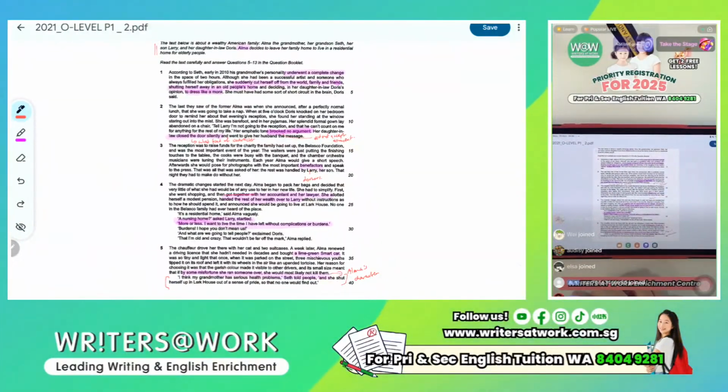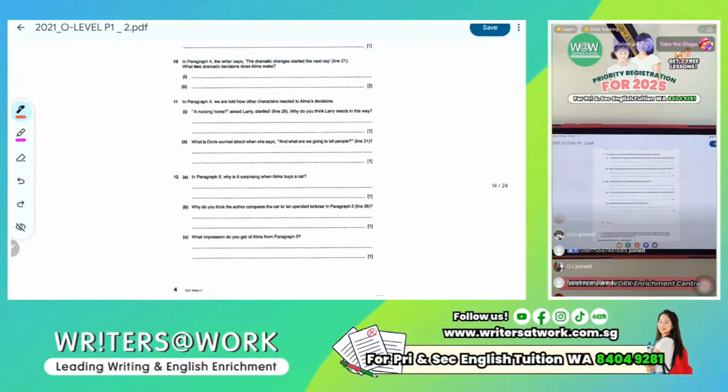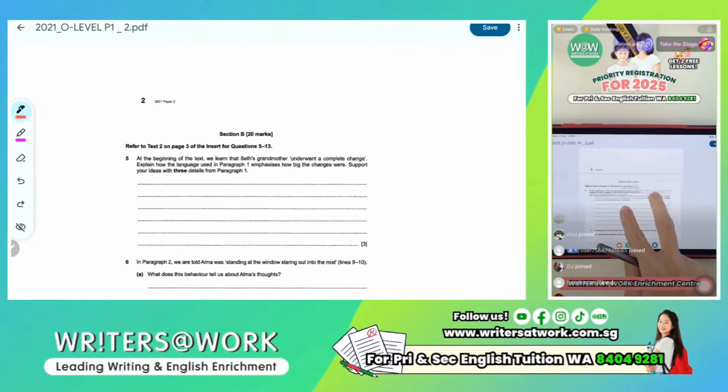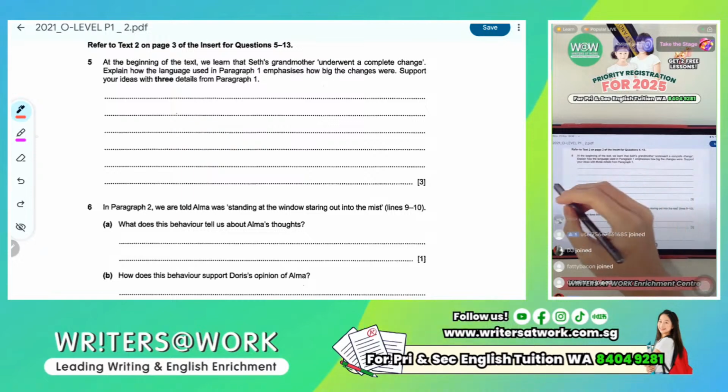Okay, with a general idea of the text, let's go through some of the questions. At the beginning of the text, we learn that Sam's grandmother underwent a complete change.